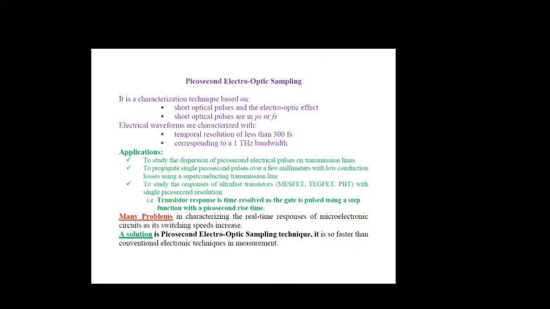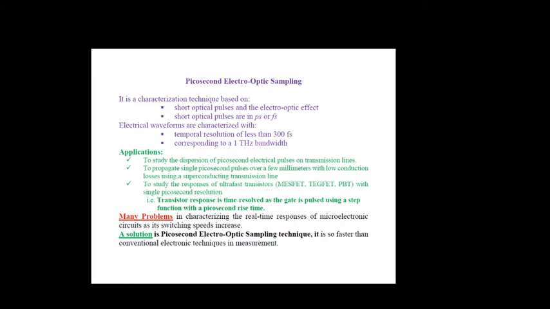The electro-optic sampling technique is a new characterization technique based on short optical pulses and the electro-optic effect. We use these two things: short optical pulses and the electro-optic effect.